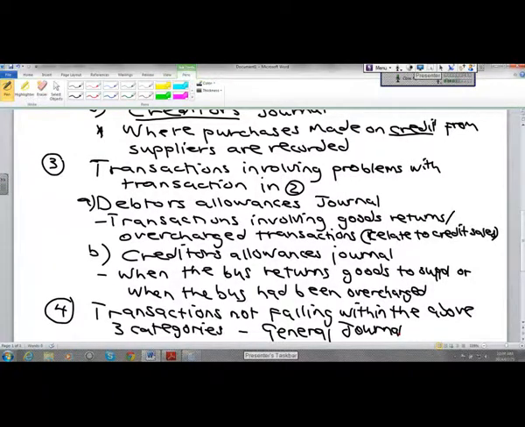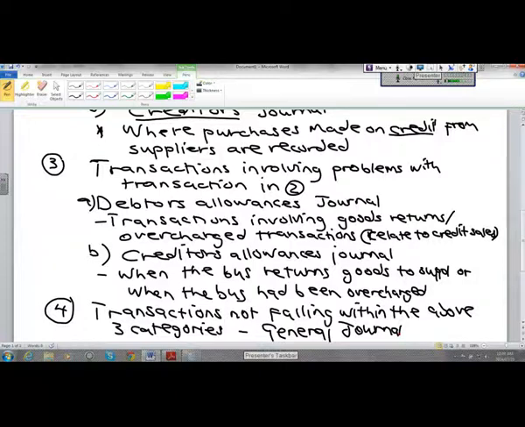We are neither buying goods on credit nor selling on credit. No one is returning the goods, and we have not been overcharged. We are basically just writing off a debt. So that transaction will not come in the above three categories, but it will come to the general journal.